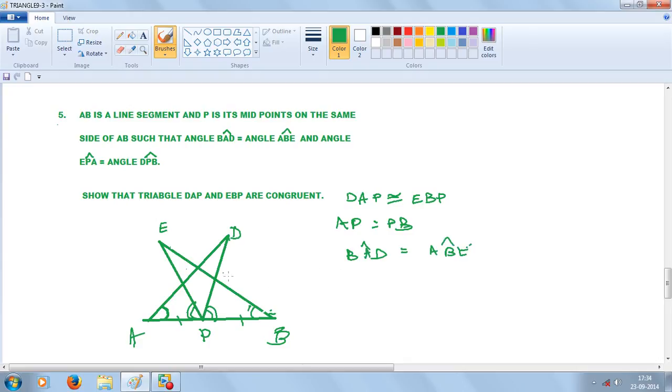These two angles are marked. And angle EPA is equal to angle DPB. These two are marked. Show that triangles DAP and EPB are congruent.